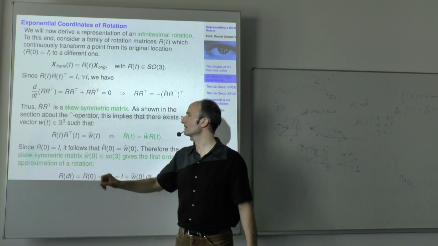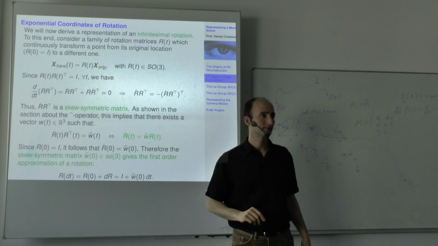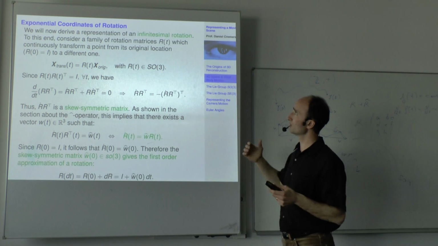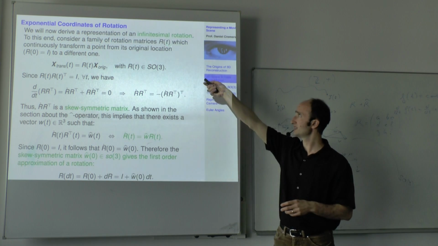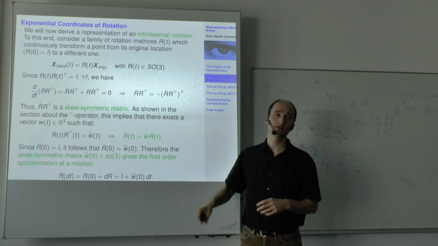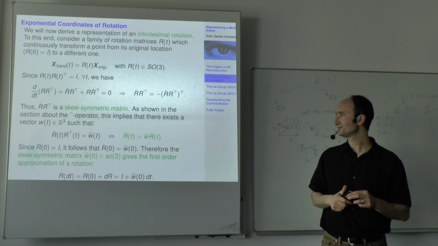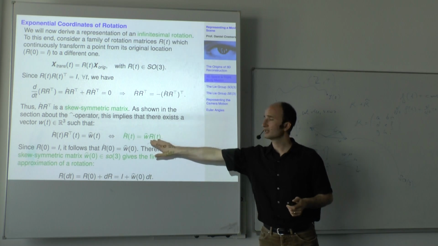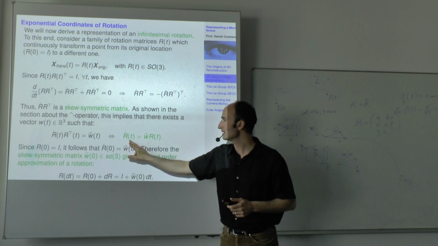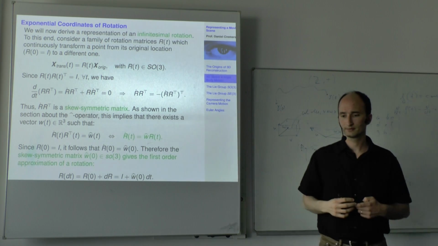So if we multiply from the right with R, we get R dot equals w hat times R. So in other words, just knowing we have a family of rotation matrices, R of t, implies that R dot must be equal to w hat times R with some skew-symmetric matrix w hat. This here, by the way, is called a differential equation. It's an equation that links the family of rotation matrices we consider with its derivative, R dot.